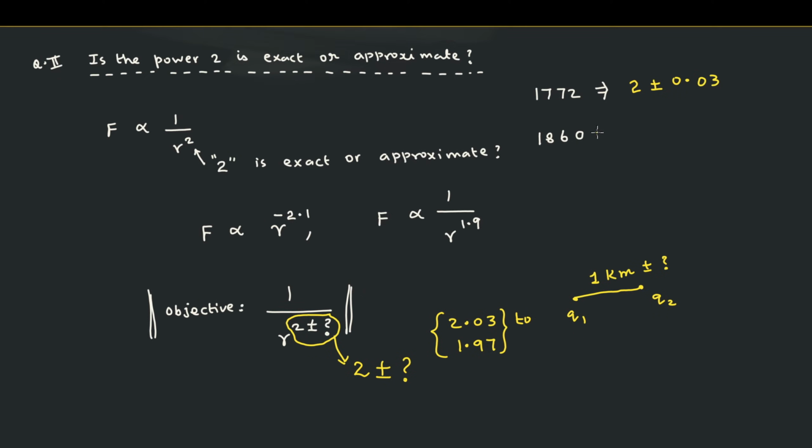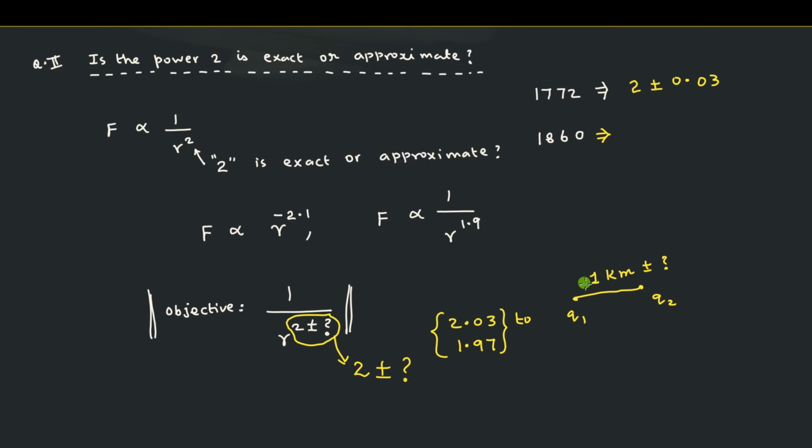So like that you have to perform the experiment. We are not going into those details of how to perform the experiment, but overall that is the idea. Based on the accuracy of the other parameters that you fix in the experiment, ultimately the power law accuracy comes into the picture. The ultimate conclusion is very clear. So what is the conclusion from this? The conclusion is that the inverse square law is exact. Even though 0.03 is there, 0.03 came because you have some error in the measurement of the distance.